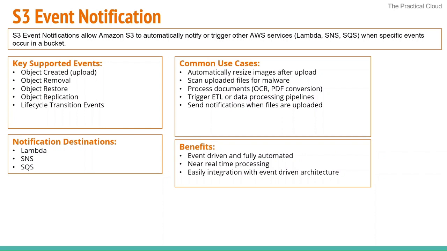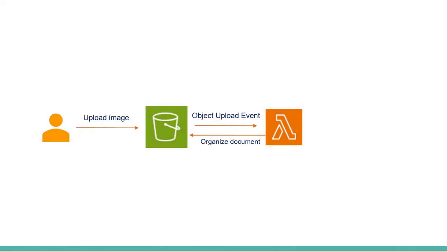One of the simple use cases that we are going to try here is where the user will upload an image to S3, and after the user uploads the image, we will configure the event notification, which will trigger a Lambda function. The Lambda function will take the image and categorize it as an image, document or PDF.